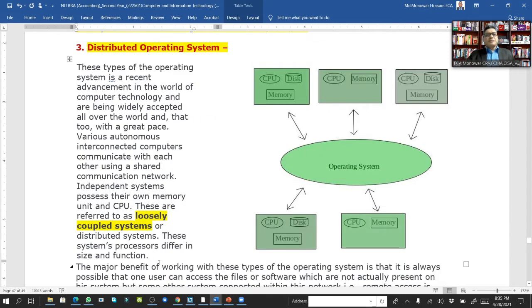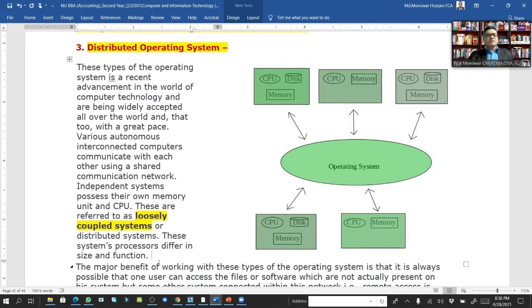Now, distributed operating system. This type of operating system is a recent advancement in the world of computer technology and is being widely accepted all over the world, and that too at a great pace.